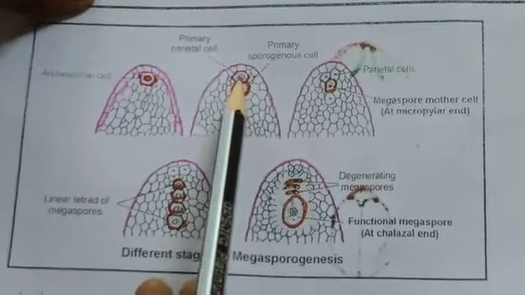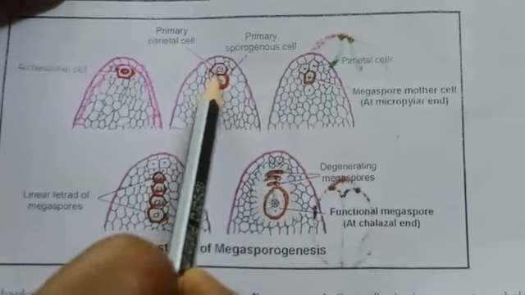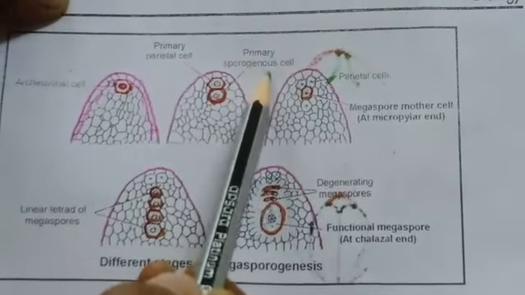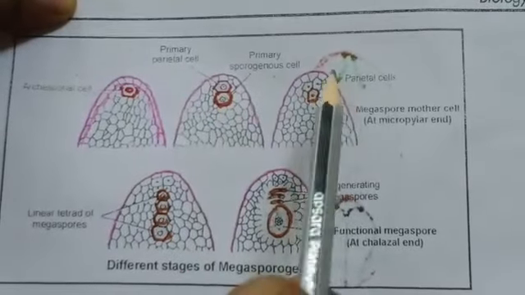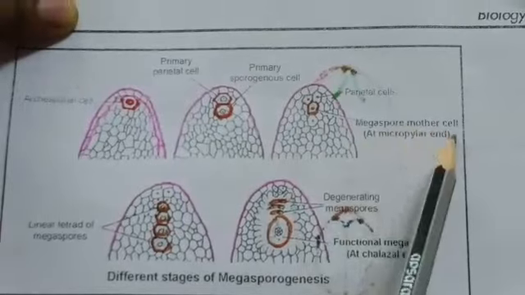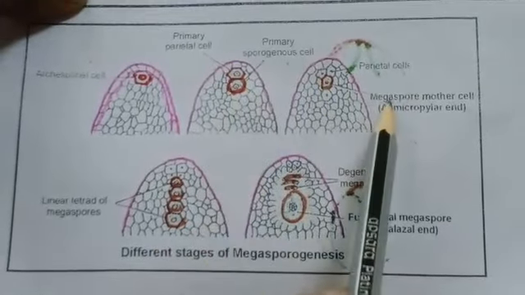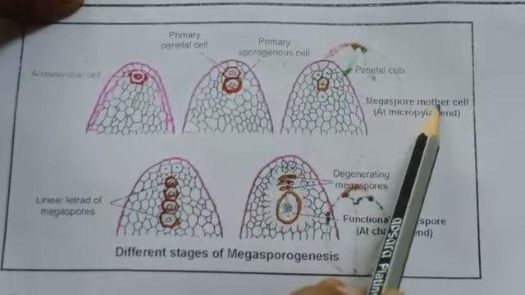This archesporial cell divides mitotically and forms two types of cells, that is primary parietal cell and primary sporogenous cell. The primary sporogenous cell acts as a megaspore mother cell.